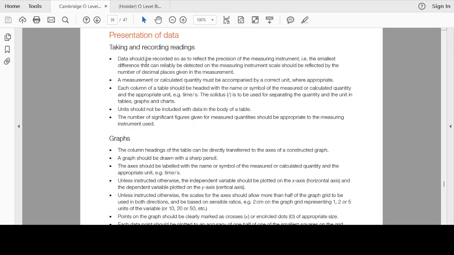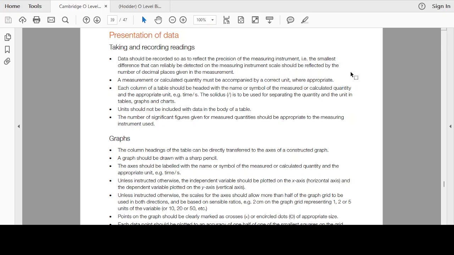So data should be recorded so as to reflect the precision of the measuring instrument. That is, the smallest difference that can reliably be detected on the measuring instrument scale should be reflected by the number of decimal places given in the measurement. So just explain that. A measurement or calculated quantity must be accompanied by a correct unit. So you just can't write a value.